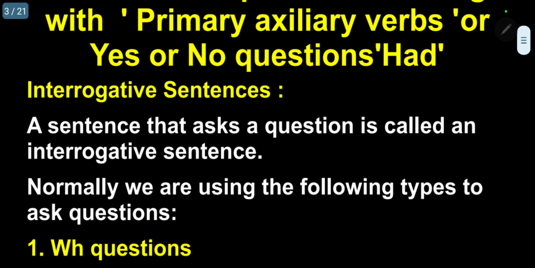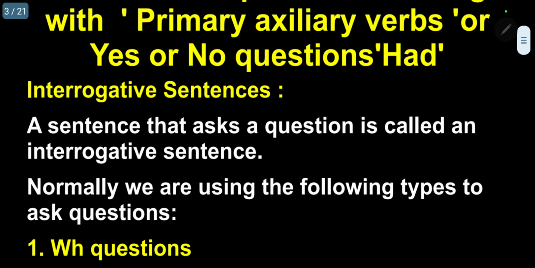Simple sentences I have already discussed. Kindly verify from the previous videos on YouTube. Under interrogative sentences, I have already discussed WH questions. Now today I am going to discuss the yes or no question under that, using had, past tense.